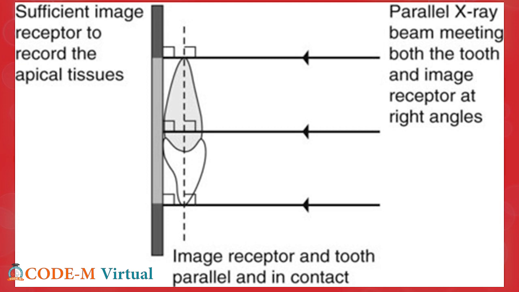The X-ray tube head should be positioned so that the beam meets the tooth and the image receptor at right angles in both the vertical and horizontal planes. And last, the positioning should be reproducible.